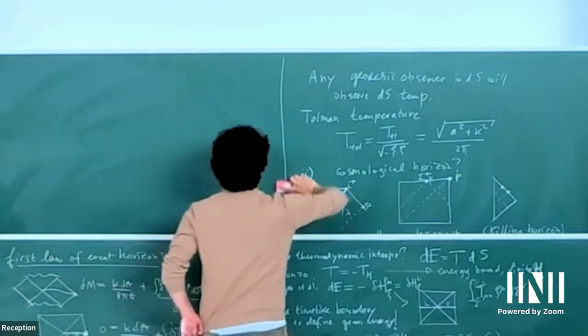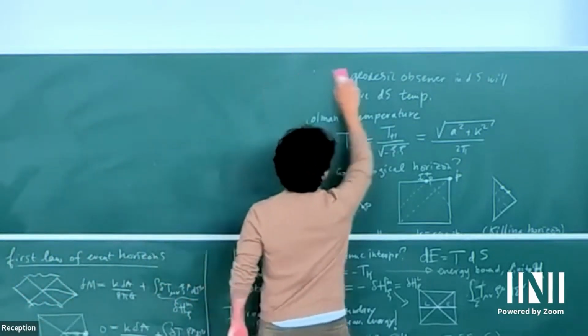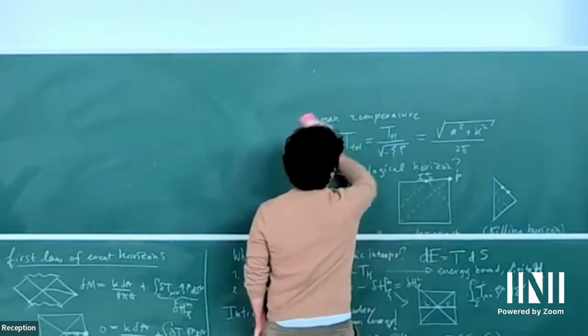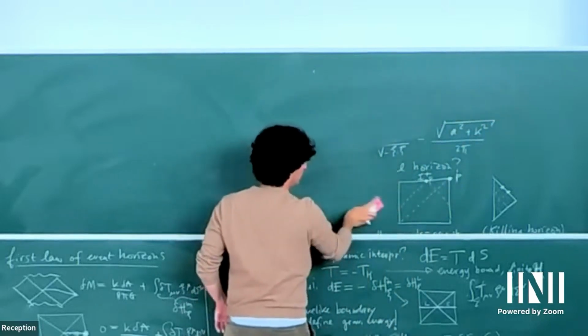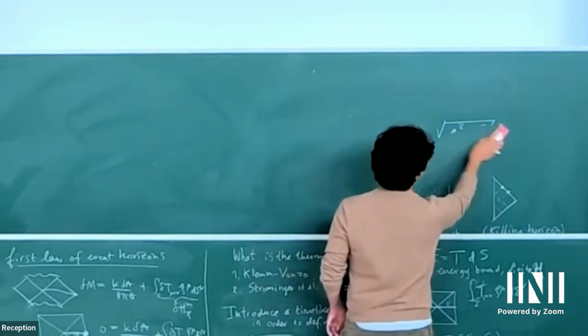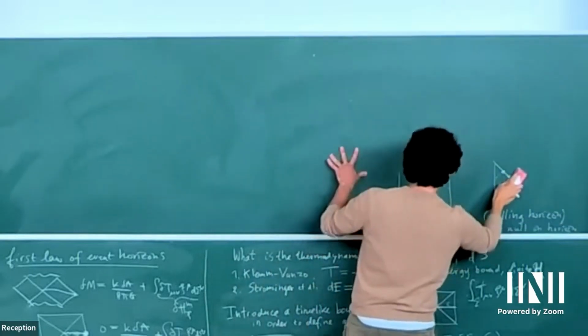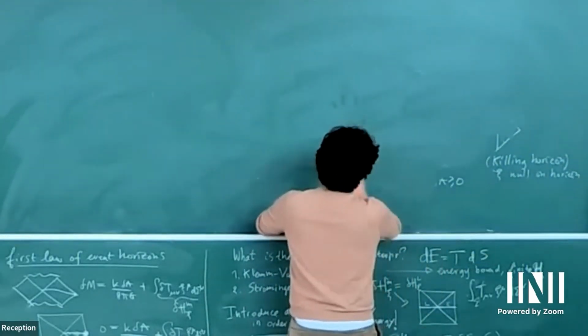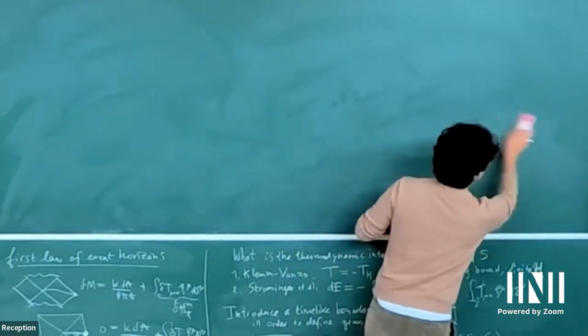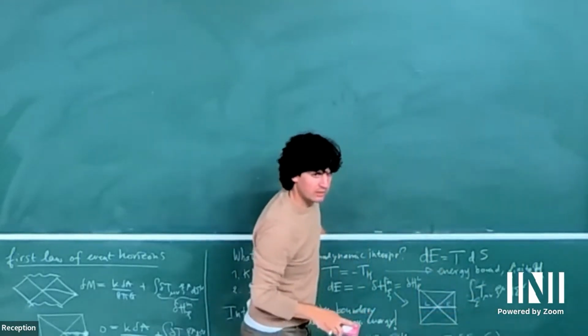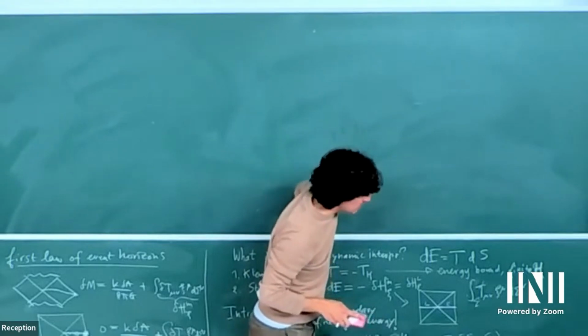In this paper they derive the black hole entropy from the Euclidean path integral. But in the same paper, they also derive the de Sitter entropy from the Euclidean path integral.